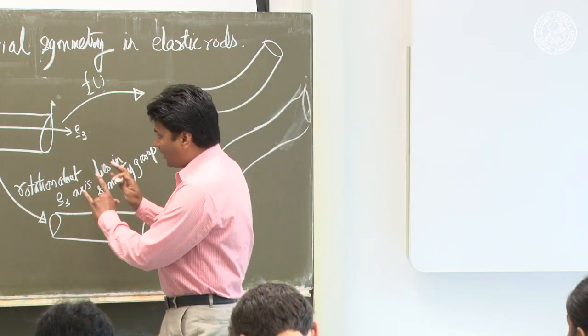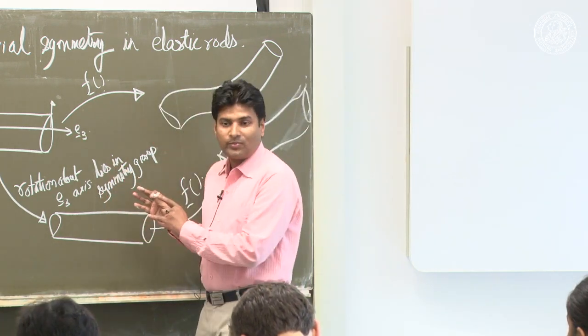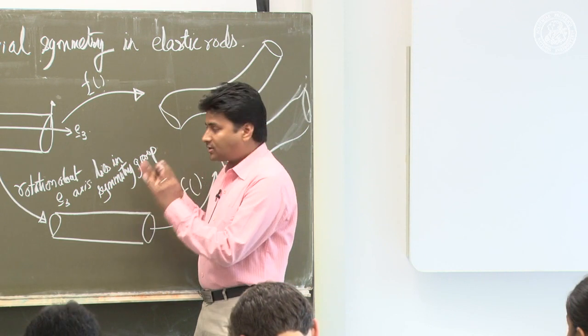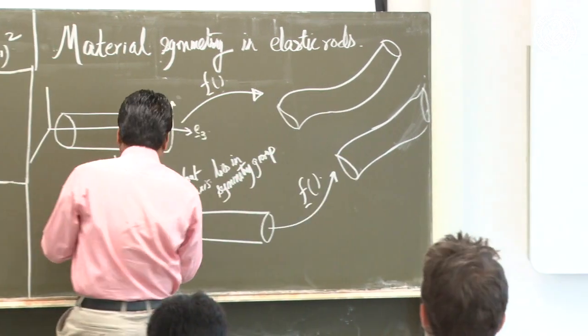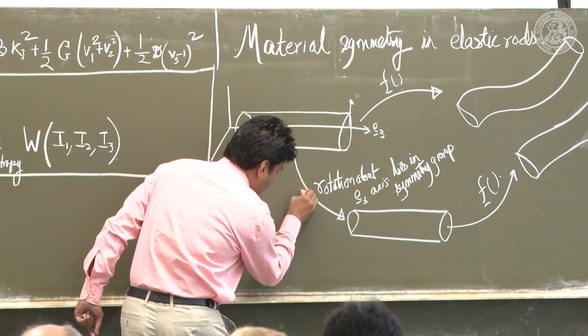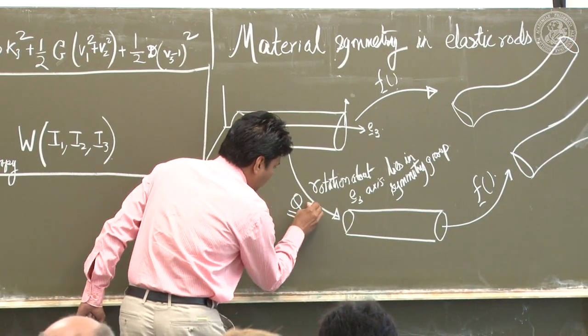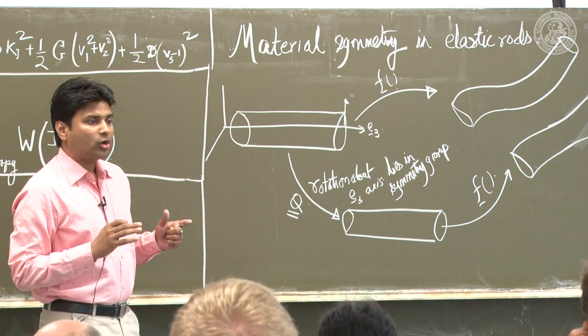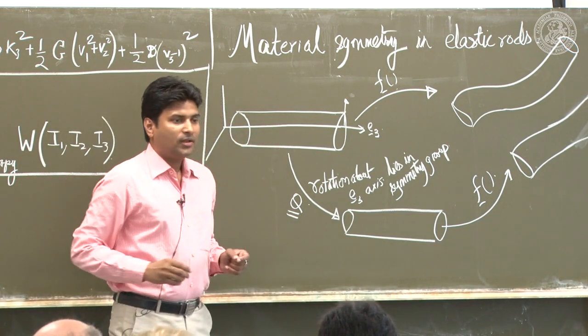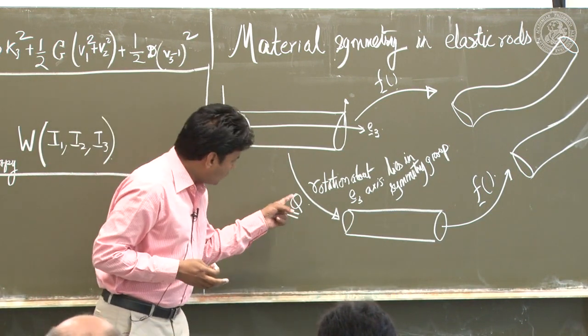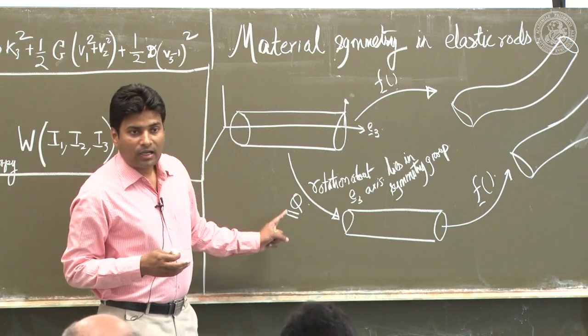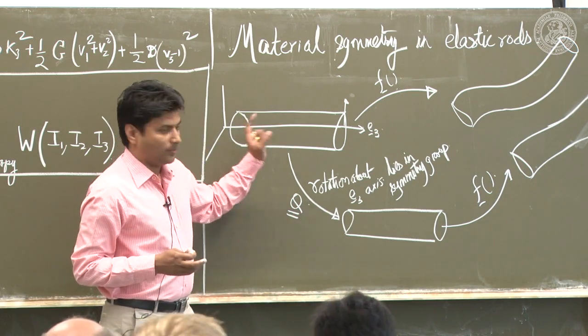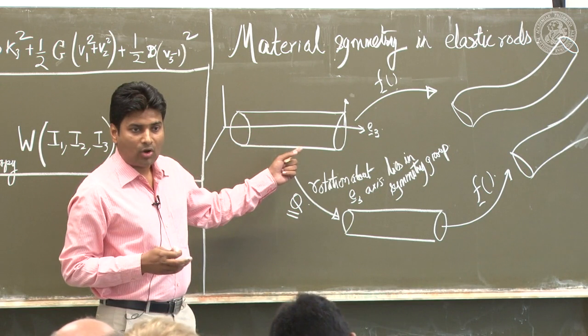Okay, so now for the theory purpose, let us just say I am applying a rotation Q here, which lies in the symmetry group. So I don't want to talk about what kind of beam this is, but let's just say that the rotation is such that it lies in the symmetry group of the beam or of the rod.